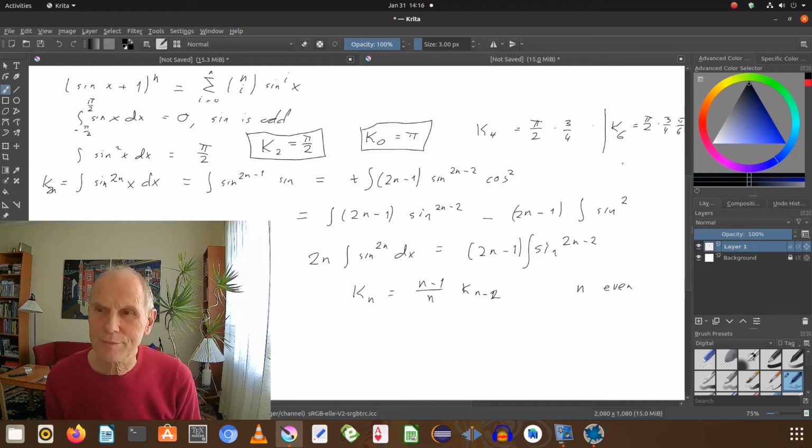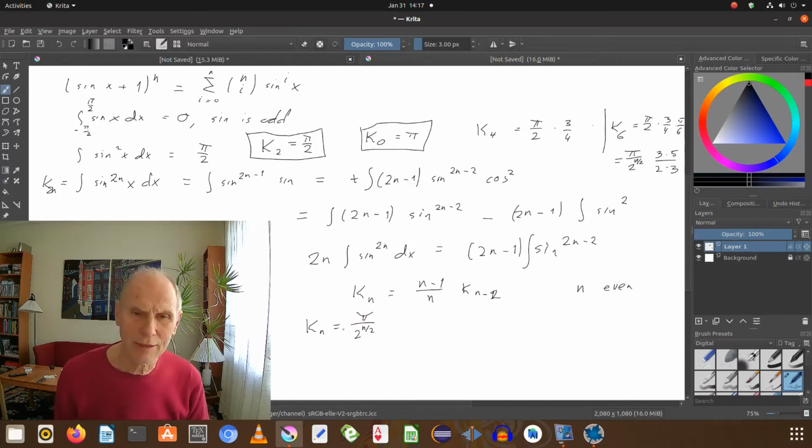So it's 2 in halves, and then it's 2, 3. So it's 3 times 5 divided by 2 times 3. So that means, let's just write it as 2n.